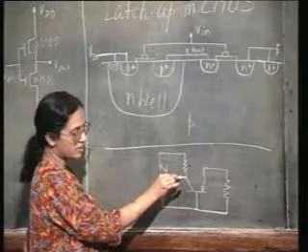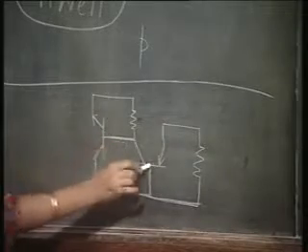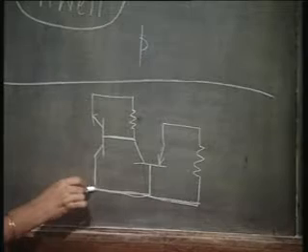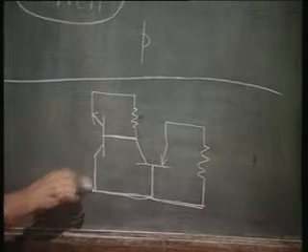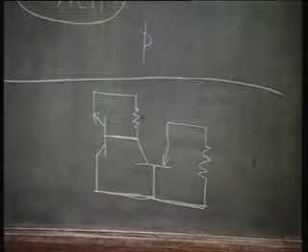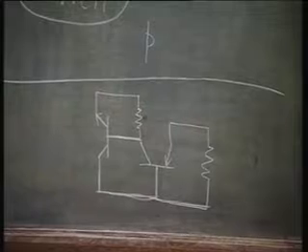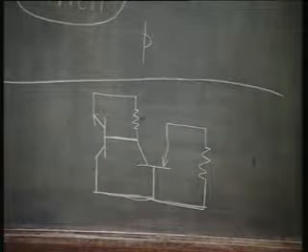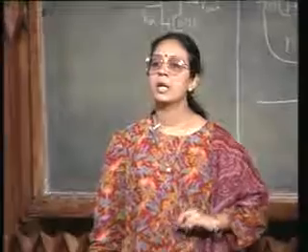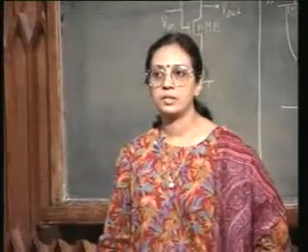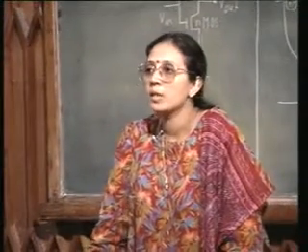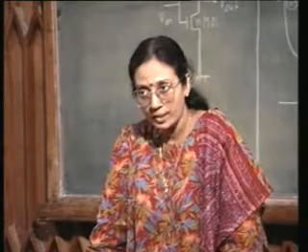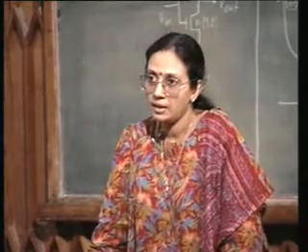So, this base is shorted to this collector, this base is shorted to this collector, right. Okay. So, I have along with the CMOS inverter two bipolar junction transistors as well, one PNP and the other NPN.